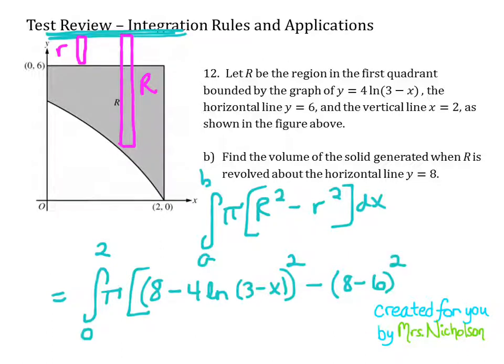Squared, of course, and dx at the end. Even though this is a calculator question, you must show this integral. 2 points of the rubric are just for this integral. And you can type it into your calculator, and if you do, you should get the answer 168.179. All right, let's move on to Part C.